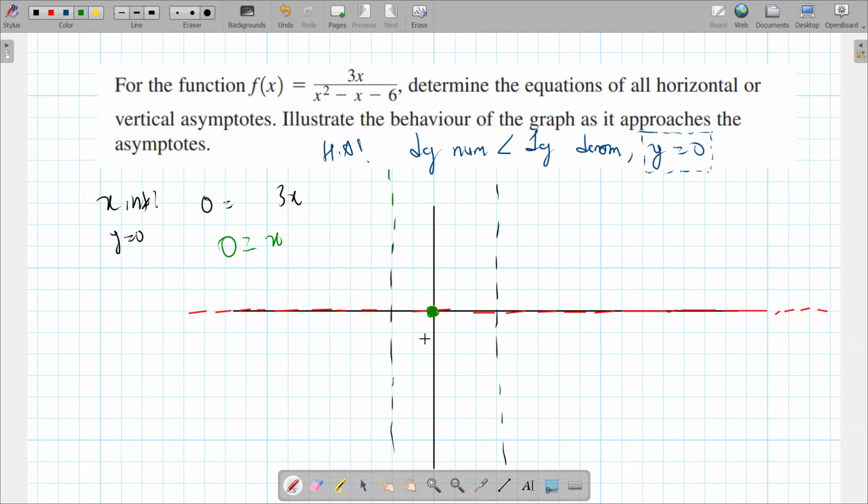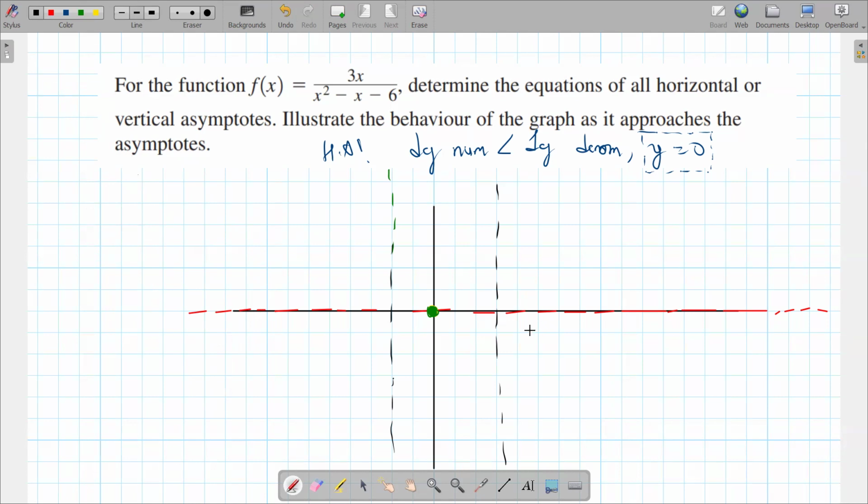You'll never cross the vertical asymptote, but horizontal asymptotes are sometimes crossable if you have an x-intercept. So this is going to be a question where we have to cross the horizontal asymptote because there is a 0 at x equals 0. To find the y-intercept, you want to set x equal to 0. You'll also get a 0. So this is what we have. All right. So now let's sketch this.